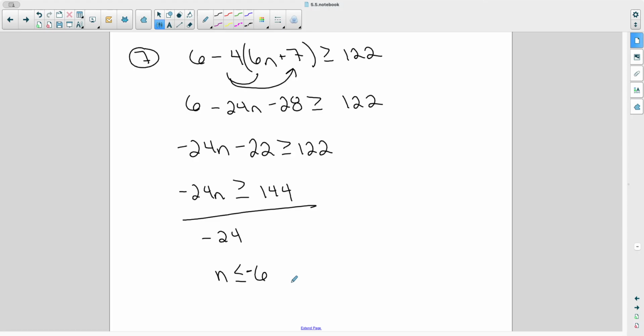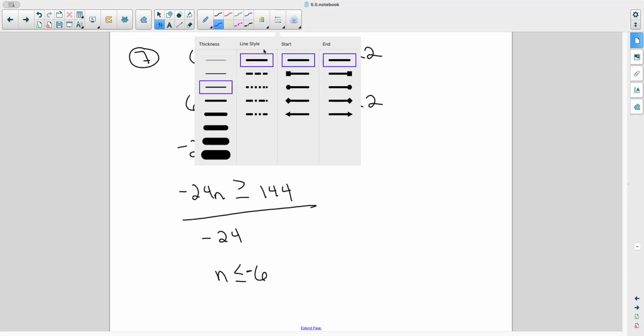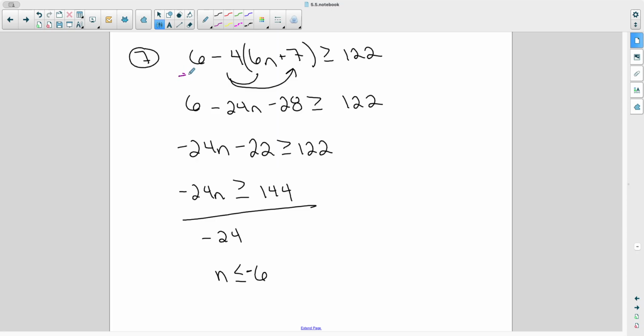Could we have gotten rid of that 6 first? Let's test it. So first we're going to subtract. Let me put in a different color. Could we have subtracted 6 from both sides first? That would have given us -4(6n plus 7) greater than or equal to 114. Well, then we would have distributed like normal.